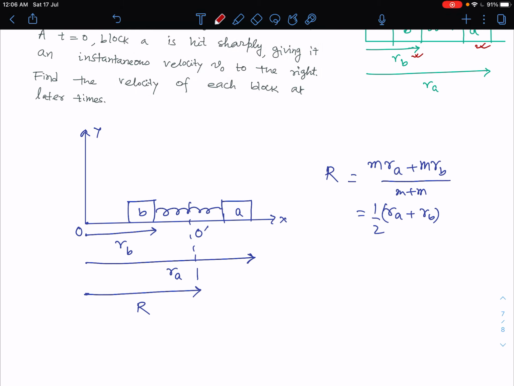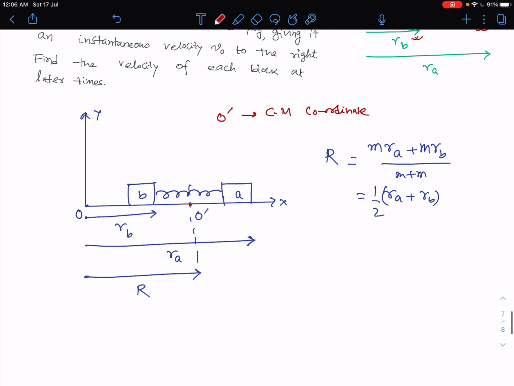Now with respect to the center of mass coordinate, that is O prime, the center of mass coordinate, the position vector of A is RA prime, and similarly for B it is RB prime.